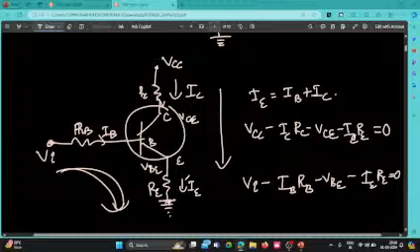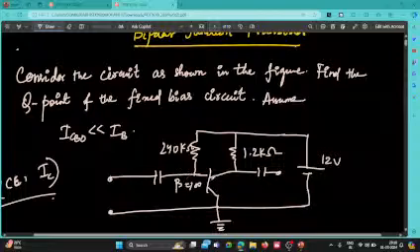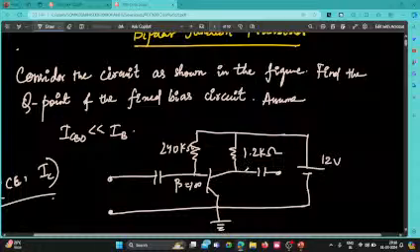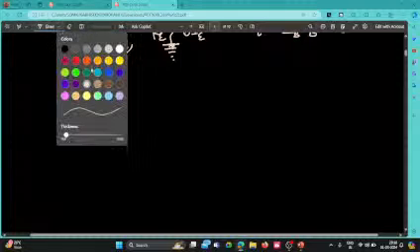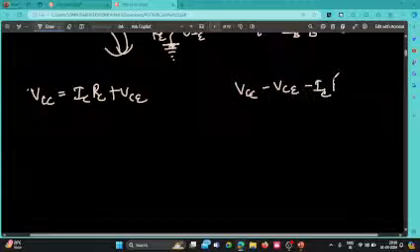If you see here in our diagram, there is no emitter resistance, so we can write the equation from VCC from here. I hope you have drawn the diagram. So I will write the equation here. VCC minus VCE minus ICRC is equal to 0.